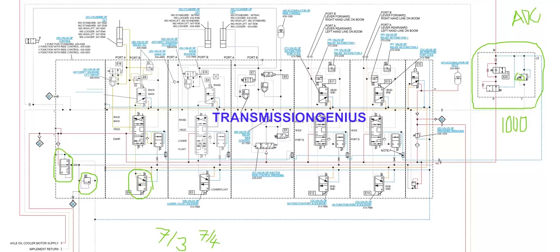Because the spring can be set at something like 700 or 600, but this helps to maintain 1000 psi in the circuit of the motor. Okay.